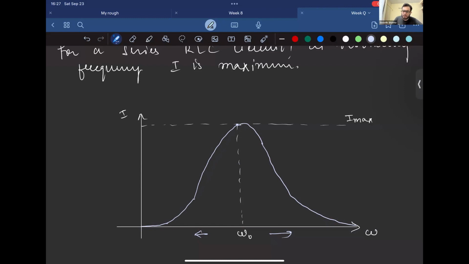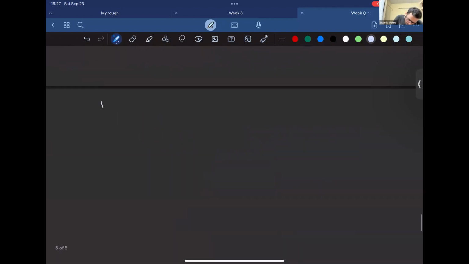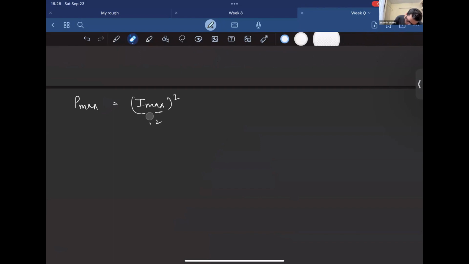At half the power, what would happen? Let's say at P max, the current is maximum. Let I max be an RMS current only.